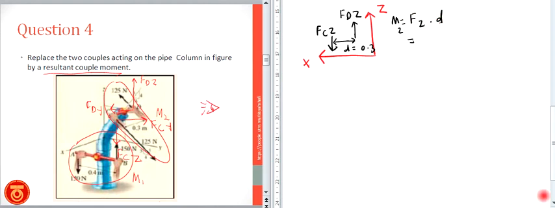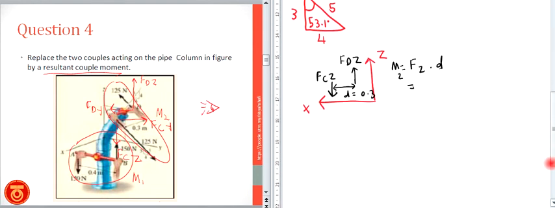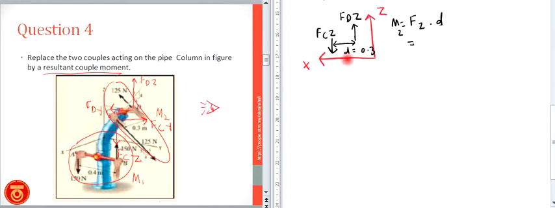So Fz is 75 times the D, which is 0.3. We have 22.5.